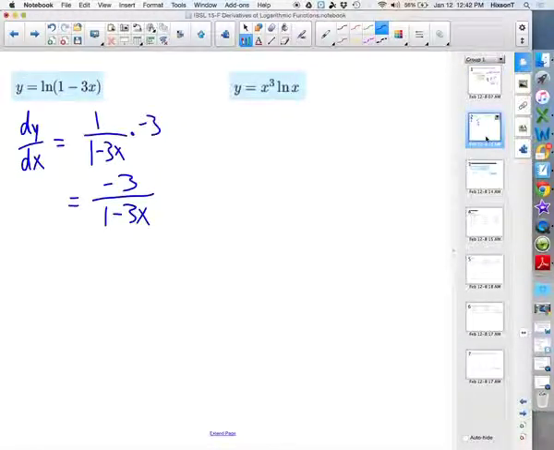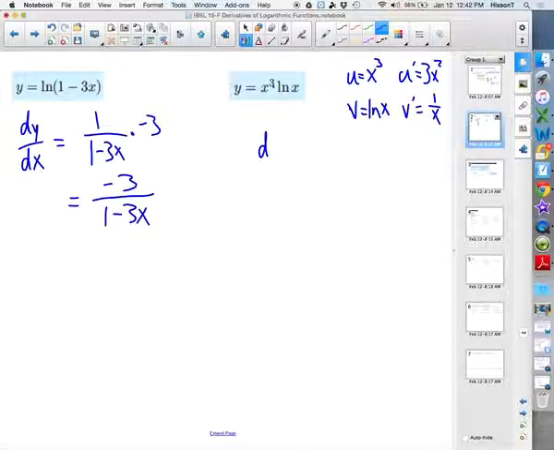But let's do one more here, just using a regular ln of x. What would I need to use in this case to find our derivative? Product rule, okay? Y equals x cubed times the ln of x. So u is x cubed, v is ln of x, u prime then is 3x squared, v prime is 1 over x, okay?